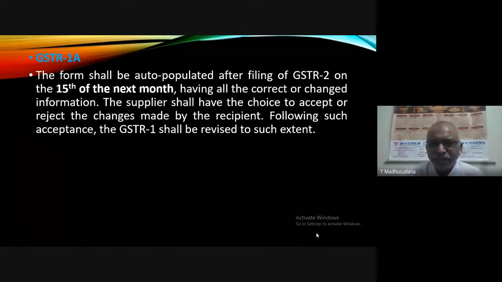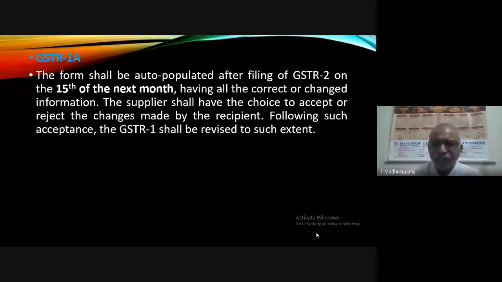Okay, so GSTR 2A, if you make corrections, that becomes GSTR 2. Then the GSTR 2 will become GSTR 1A. Therefore, it is to be submitted by the 15th of the next month.